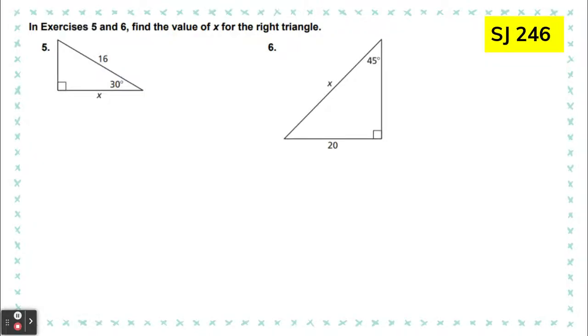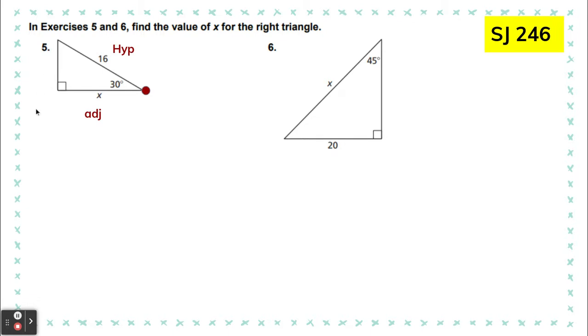All right. We have 2 more types of problems to do. This is finding the missing value. So for here, the target is at 30 degrees. For this problem, they give us the value of the hypotenuse. They give us the side that we're looking for, x. And there's nothing on this third side over here, so I'm not going to label that at all because there's no number, no missing value, so don't label it opposite, even though it is.